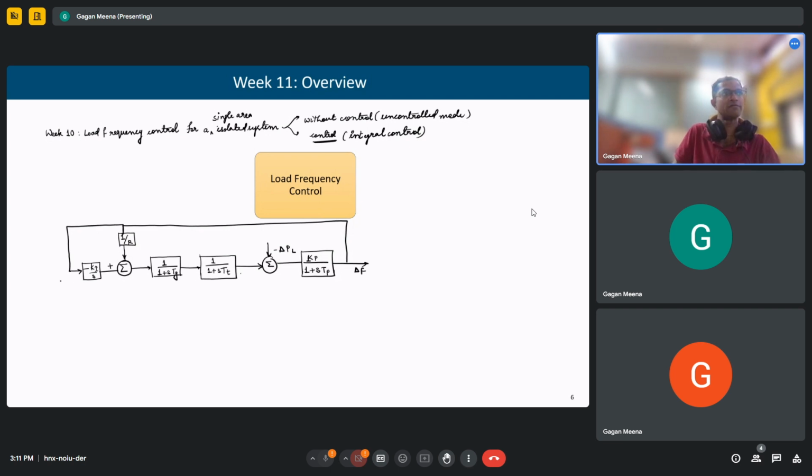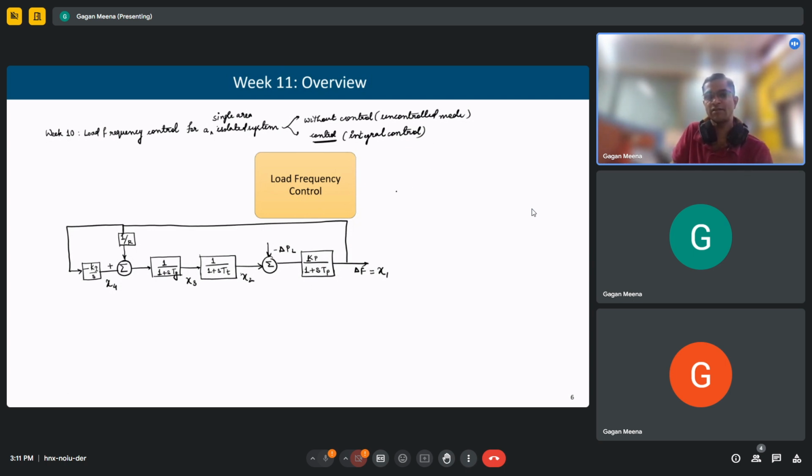Let us define the states. These are different states: X2, and let us call delta F as X1. So we can easily write equations for each of these.